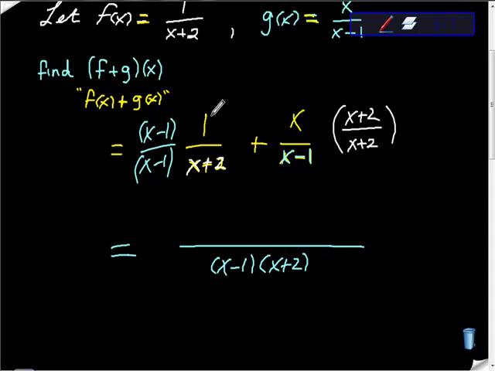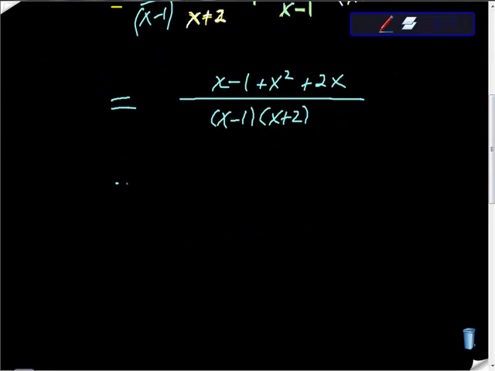What I am going to do here at the top is clean this up a little bit. So I'm going to do 1 times this x, 1 times this negative 1, which gives us x minus 1. This is positive x here, so positive x times x is x squared, so plus x squared. X times positive 2 is plus 2x. I'm going to clean this up, just a little bit of algebra here, if you don't mind.